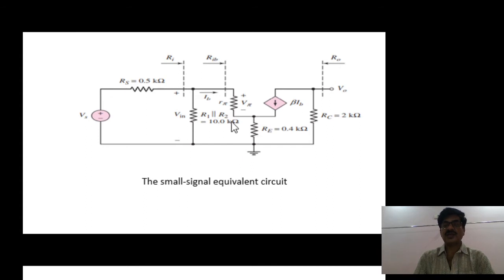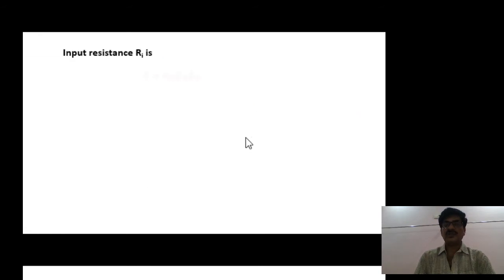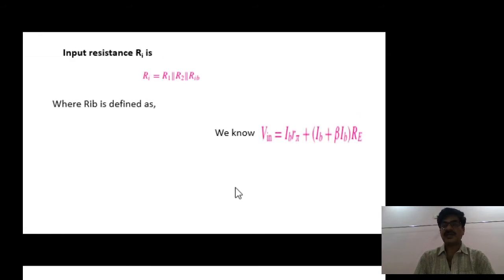Here you can observe two currents in RE: one is the IB current and another one is the beta IB current. Therefore you can write Vin as IB r pi plus (IB plus beta times IB) into RE.